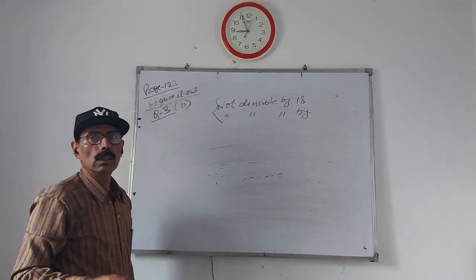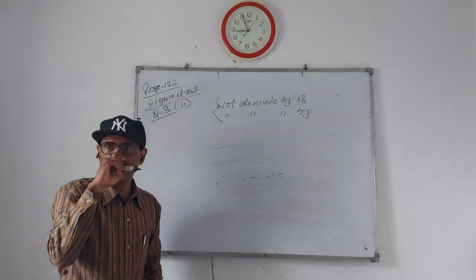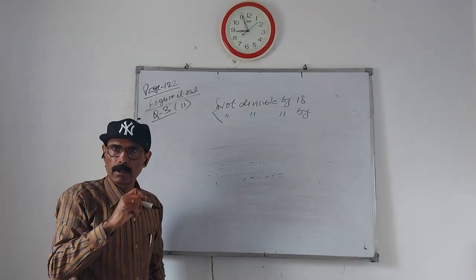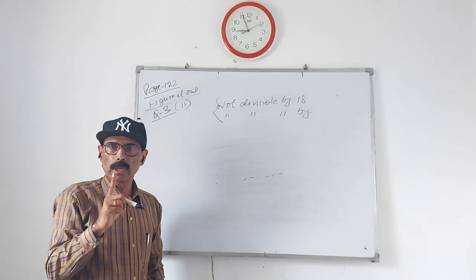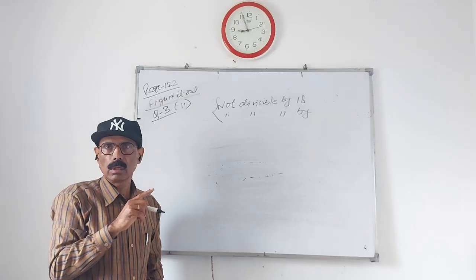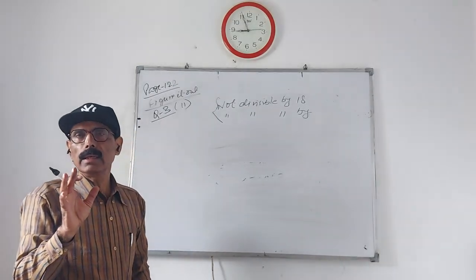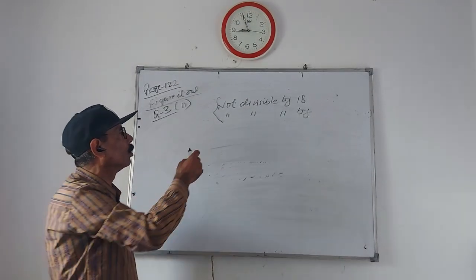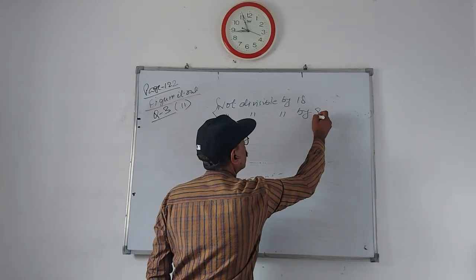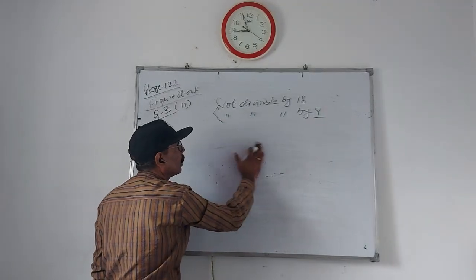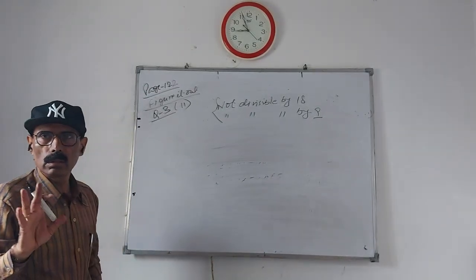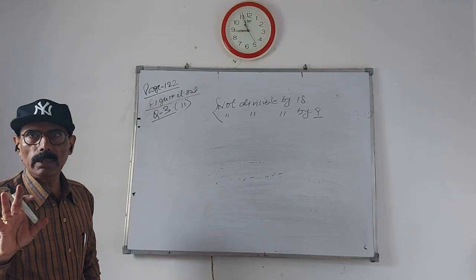Understood? The number is not divisible by 18 means what? Divisible by 9. How can we check? If a number is divisible by 9, you know the sum of the digits will be divisible by 9.